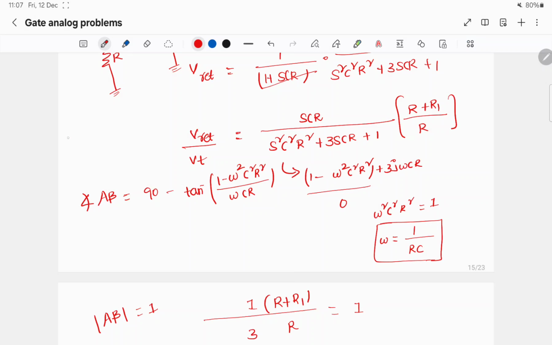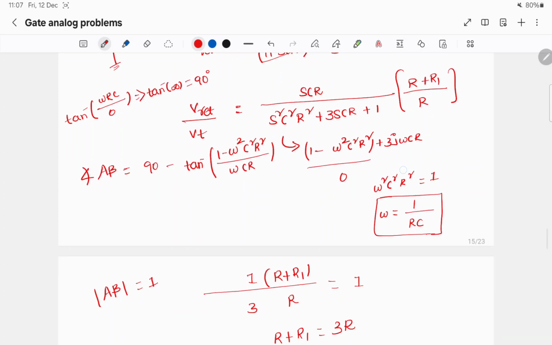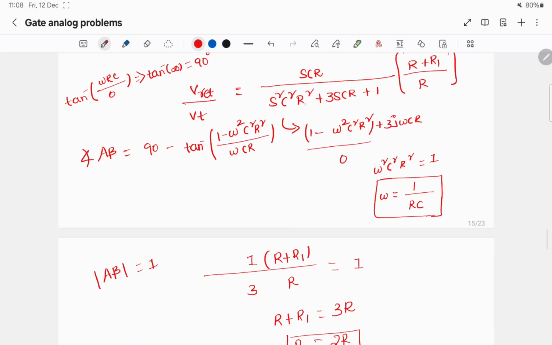Here the numerator will give 90 degrees phase because the angle is tan inverse of the imaginary part, omega RC, over the real part. Real part here is 0, so it will be tan inverse infinity, which is 90 degrees. Coming to the denominator part, S square C square R square, if we put S equals j omega, it will come out to be minus omega square C square R square plus 1.